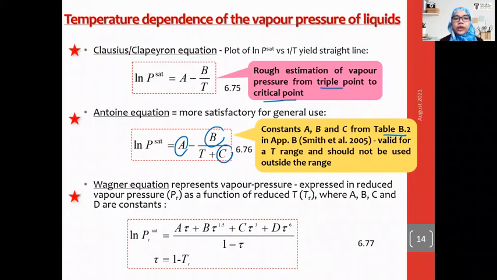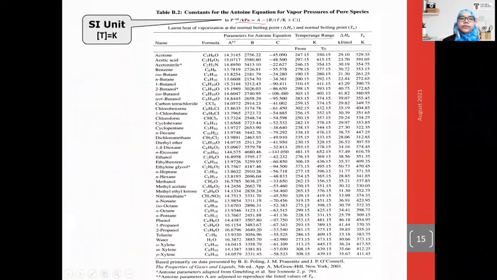The Wagner equation represents vapor pressure expressed as reduced vapor pressure. So it can also be expressed as reduced pressure as a function of reduced temperature, where A, B, and C, or D if we have the values, can be used in this expression.